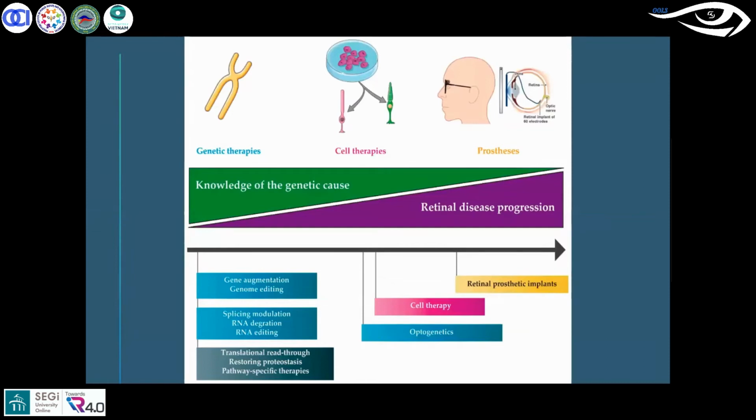Now, not only for understanding what is the chance of this being passed on to the next generation do people come to you for counseling, but today there are genetic therapies, cell therapies, prostheses, and all that has come in the last few decades, and some of them are very well refined. So cell therapies, stem cell therapy, gene therapies, genetic therapies.